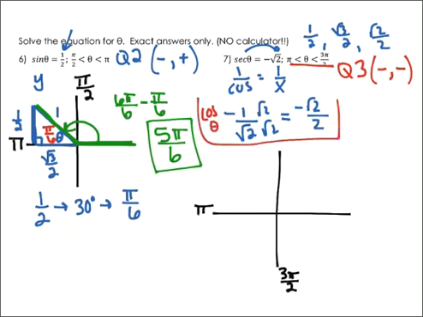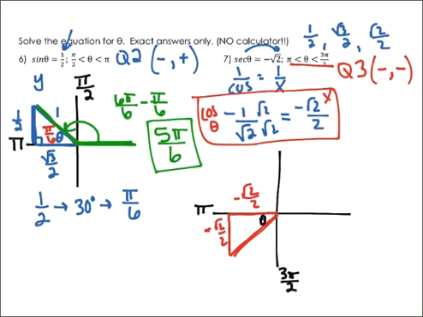This is all cosine that we did. That's my x value. My x value is negative. So I went back radical 2 over 2, so I'm going to have to go down radical 2 over 2 because I want to be in that third quadrant. So I've got negative radical 2 over 2, negative radical 2 over 2. What does that make theta?